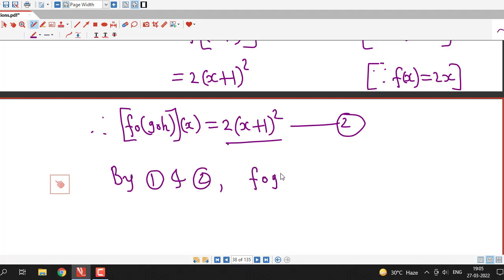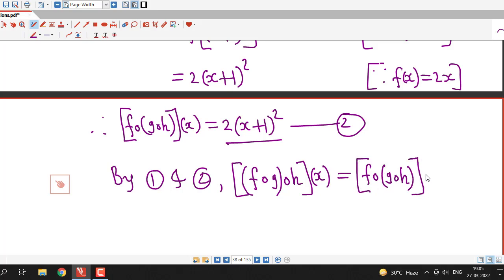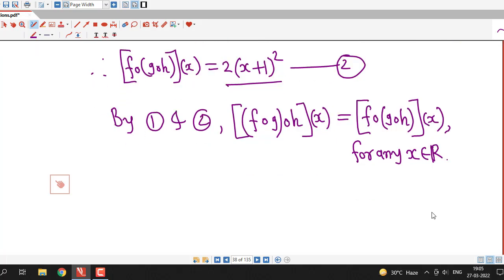F composite g composite h at any point x is equal to f composite g composite h at any point x, and x is any real number, it is an arbitrary real number. Therefore at every real number these two functions are equal. Therefore we can write equality. We can say that two functions are equal, and these two are equal.